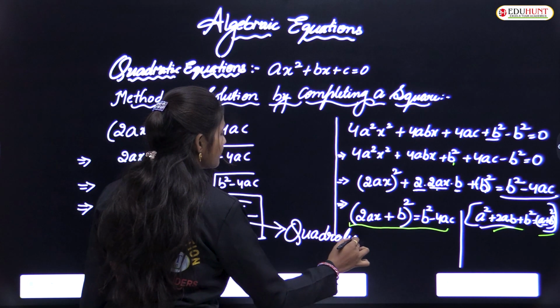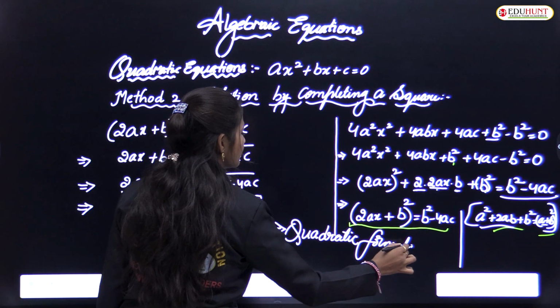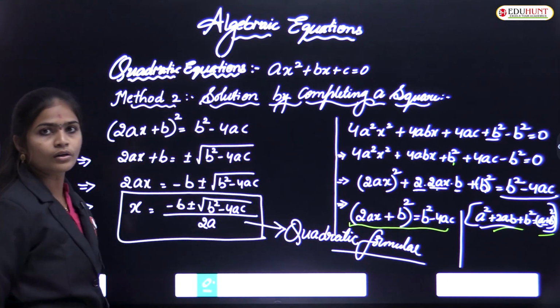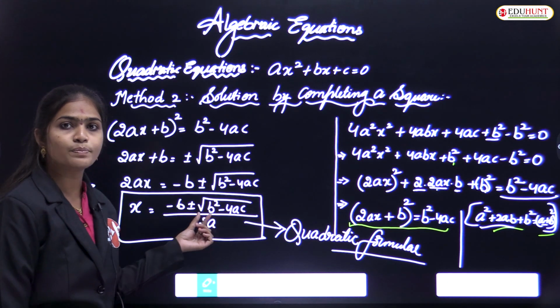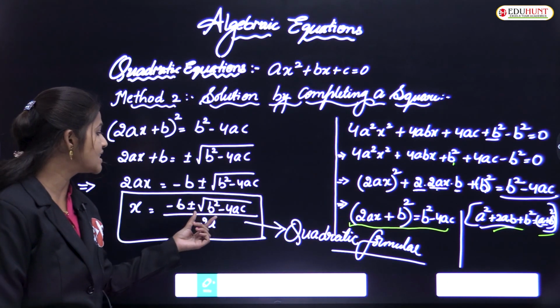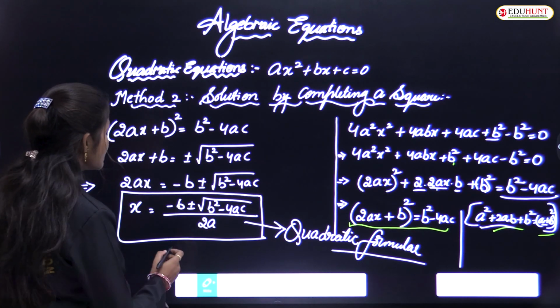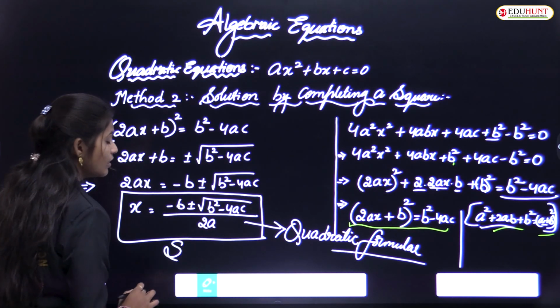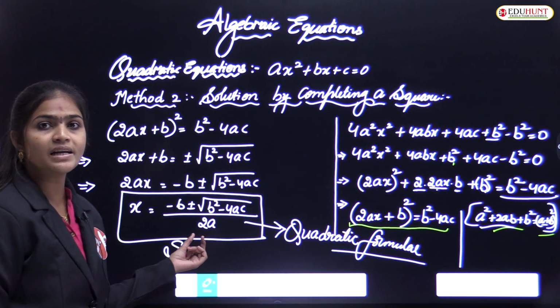What is that? Quadratic formula. So what is that quadratic formula here? x equals minus b plus or minus root of b square minus 4ac by 2a. We will call this Sridhar Acharya's rule. Why? Because this was given by Sridhar Acharya.